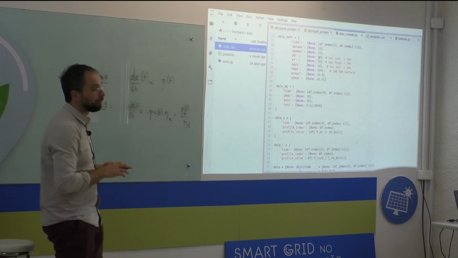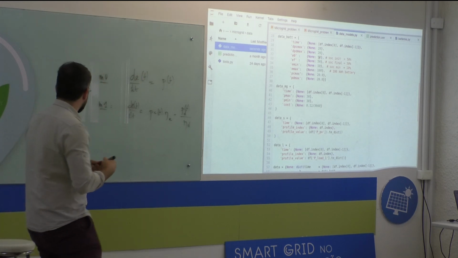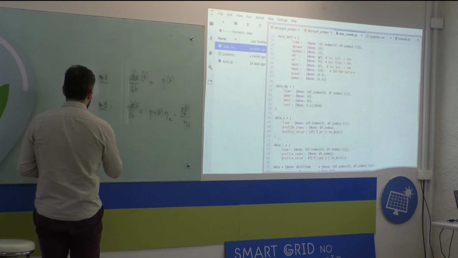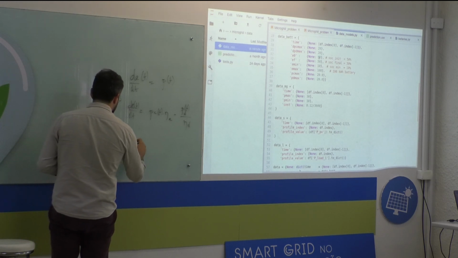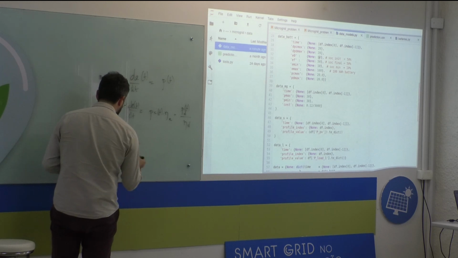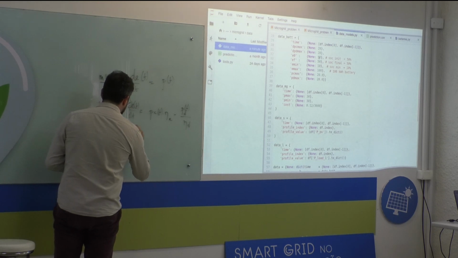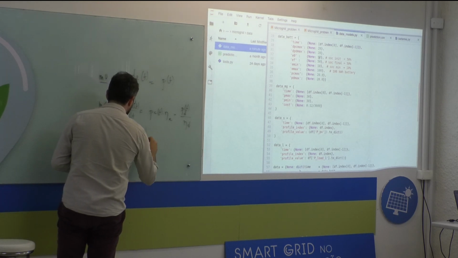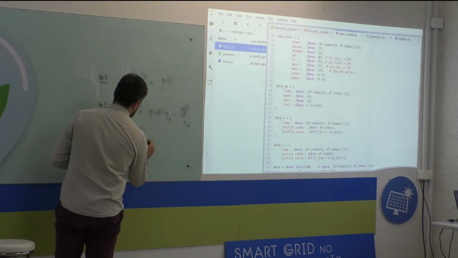Geralmente nós, engenheiros elétricos, a gente gosta mais de modelagens que são mais assim. Tá, isso é básico também, mas não é assim, não é trabalho, né?